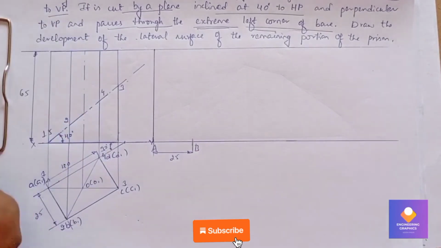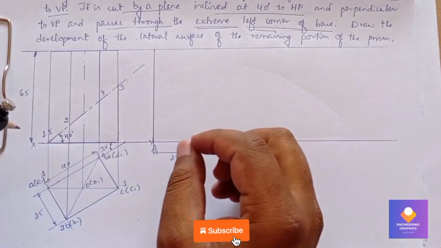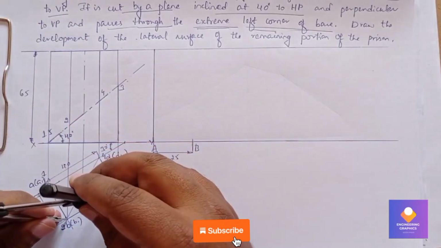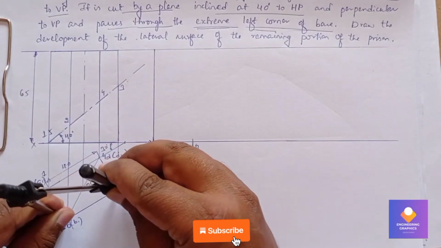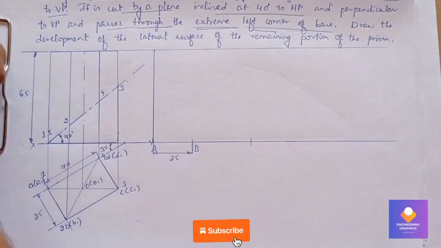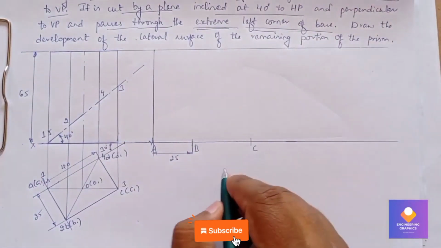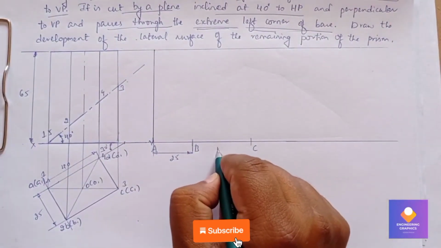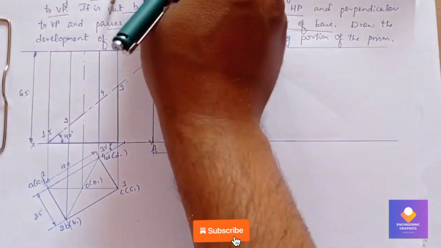Next from B to C we have 40 mm. So we'll cut the arc, that is BC. BC it is having 40 mm.